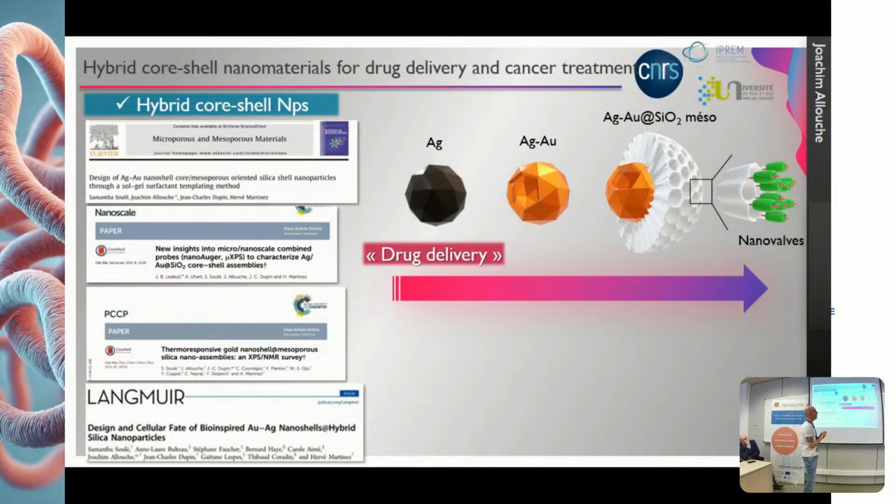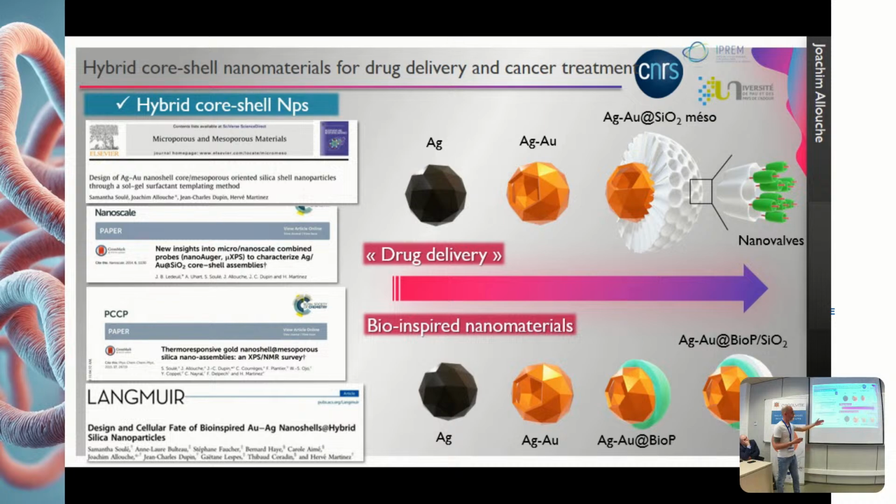Because the core is very responsive through its plasmonic features, you can activate the core to heat the shell and after that destroy the nanovalve to deliver the drug. This is the main aspect of the functioning of the materials.